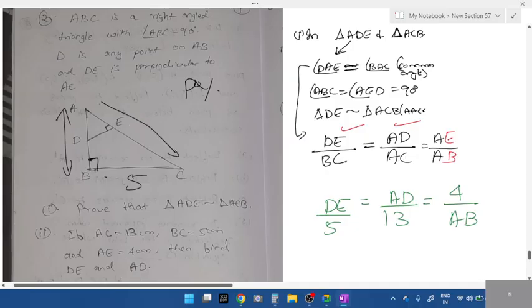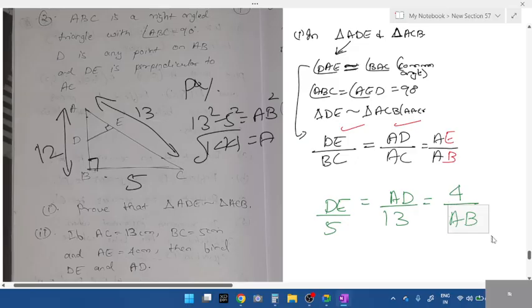AC is 13 centimeters. Apply Pythagoras theorem. 13 square minus 5 square is equal to AB square. 169 minus 25. What's the value? Yes, 144. Square root of 144. AB is equal to 12. Only in the larger triangle, when two values are given, you will be able to find the third one, 12. Now I'll replace AB with 12, so 4 divided by 12.